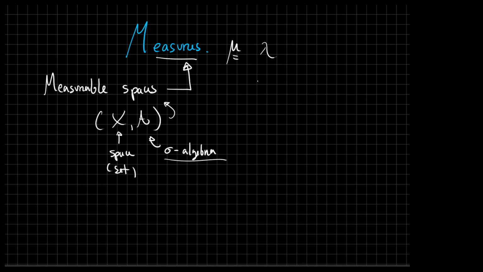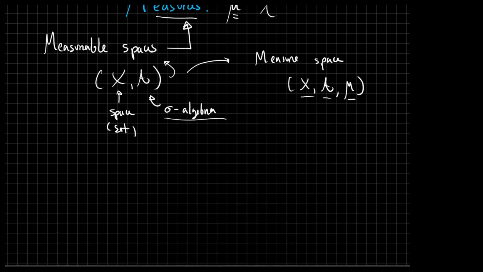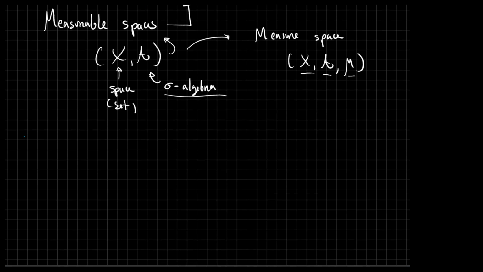You can pick one of those measures and then from this measurable space you go to a measure space, which has three terms, where the measurable space has two. It's a triple, right?